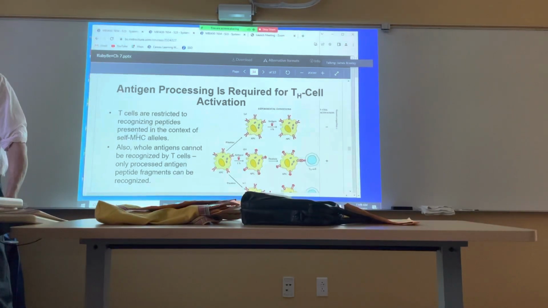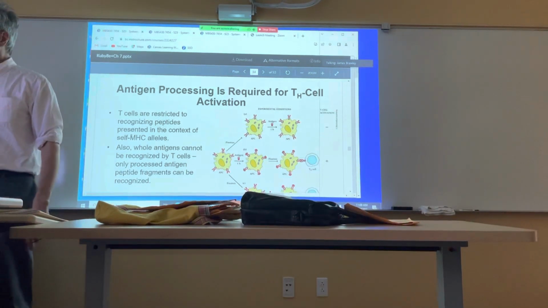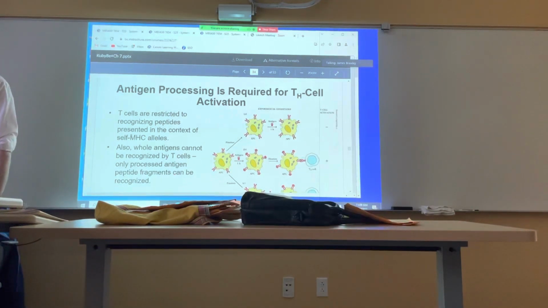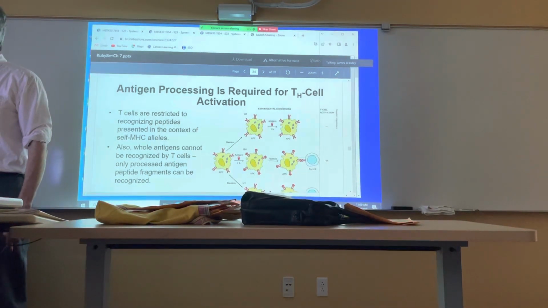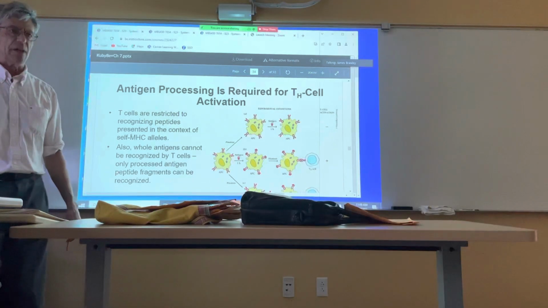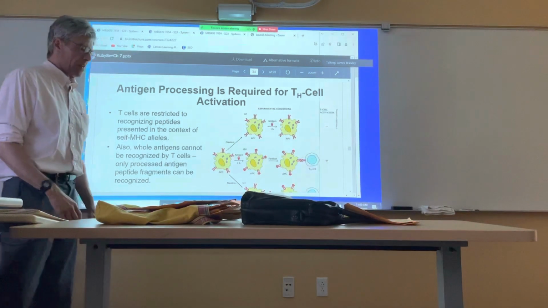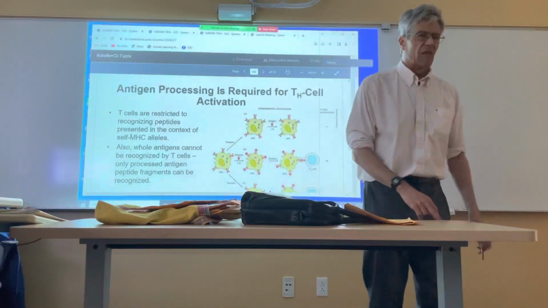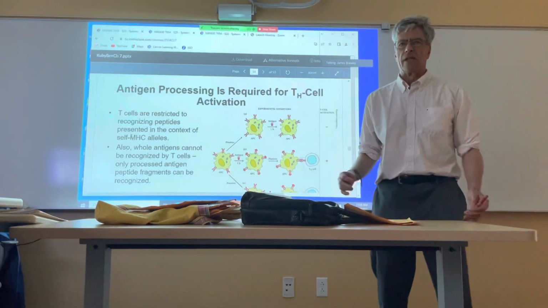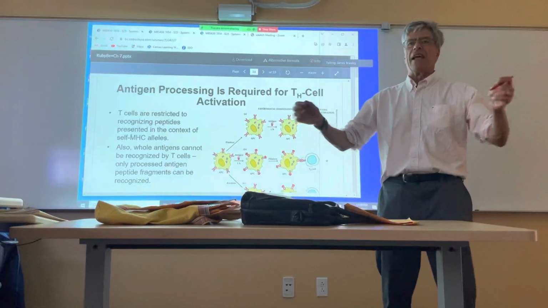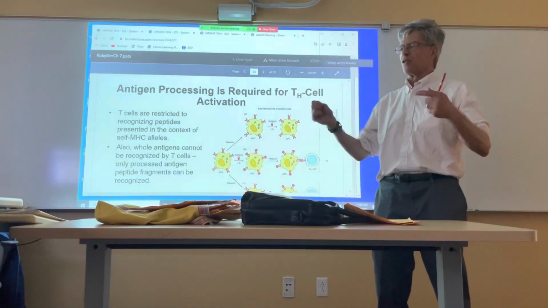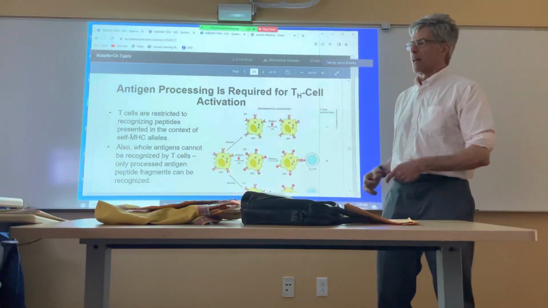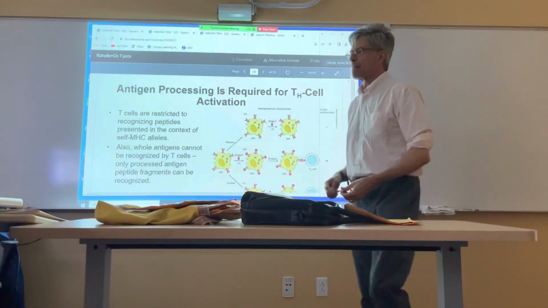So now I went on and I presented this in the asynchronous lecture Friday. Antigen processing is required for T helper cell activation, and again, a fundamental thing about immunology. So we talk about these areas, titled antigen processing or antigen presentation. How does this actually happen?